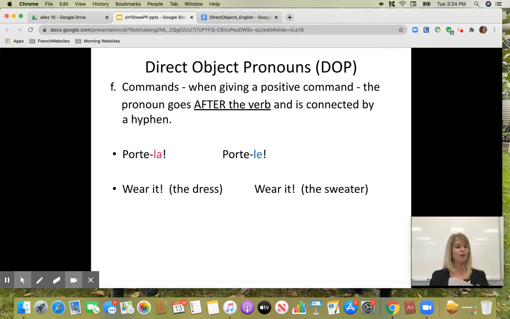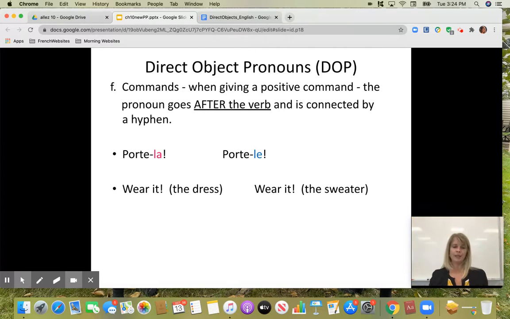Now you are going to move on in your packet and you're going to do direct object number 1. I would really like you to look at the sentence and put in parentheses the direct object and any other words that go with it that you're going to get rid of.